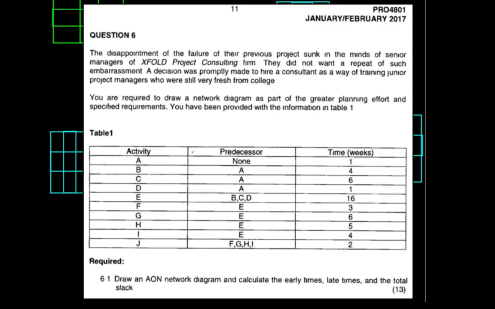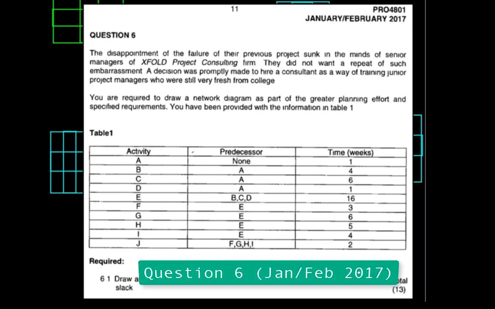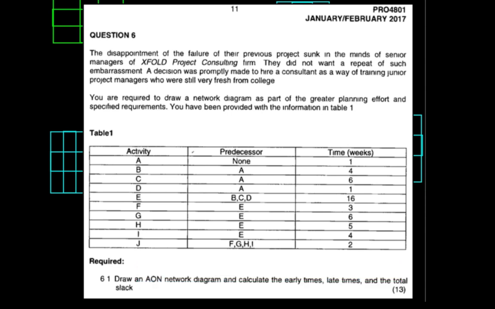Okay, so we've got this question 6 here from the January-February 2017. It's asking us to draw the AON diagram. With the AON diagram, there are a couple of rules that we need to understand for you to be able to draw the network diagram.